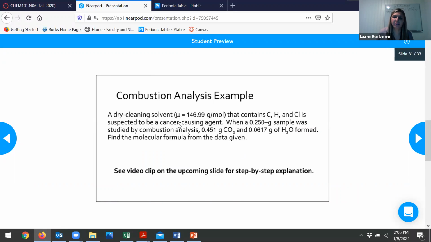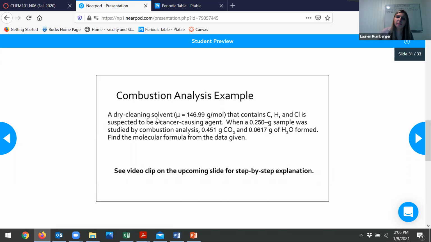When you progress to your next slide, you're going to see this example. It says a dry cleaning solvent, which has a molar mass, and this symbol represents molar mass, is equal to 146.99 grams per mole, and it contains carbon, hydrogen, and chlorine. Therefore, we would call this a functionalized hydrocarbon.